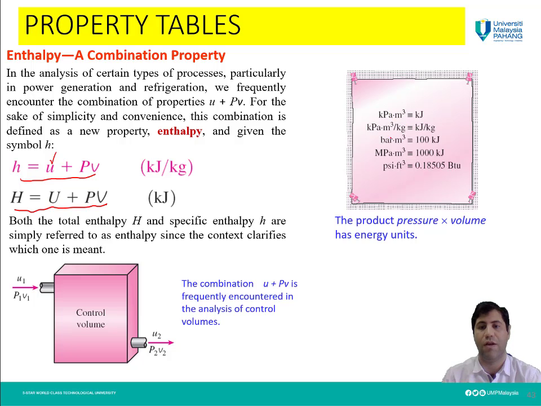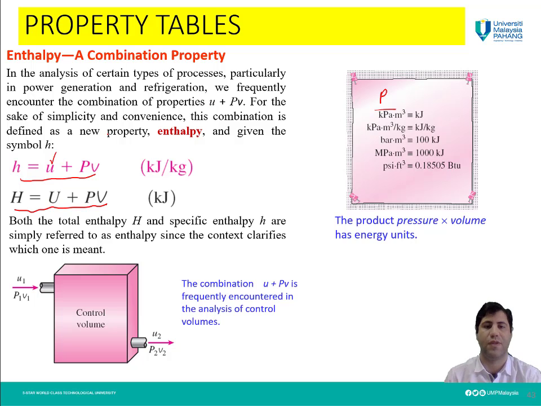Simply, we can see here in the left side of this figure the unit for pressure, and on the right side you can see how it can be converted to the form of an energy unit. So the unit for enthalpy also is kilojoule, or the other type of unit for energy.